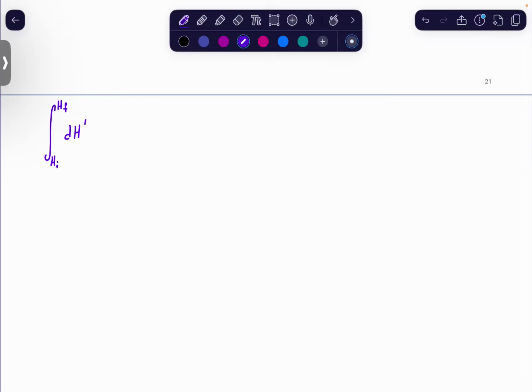And calculus doesn't like you to have the same variable inside your integral that you have in your limits. So if your limits are H and then you have H inside the integral, calculus doesn't like that. So I just put a little prime on it to say this is a placeholder for enthalpy.